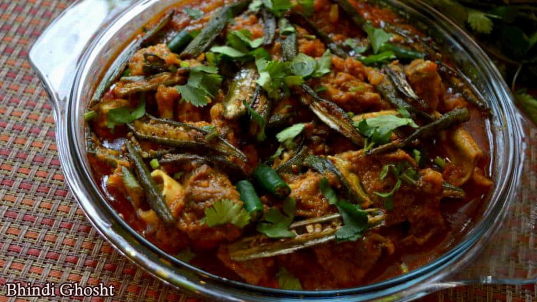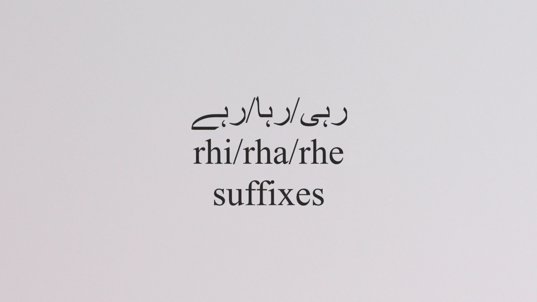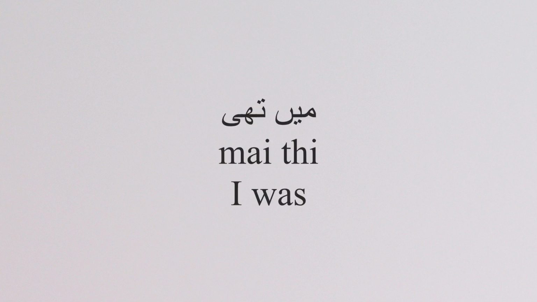So now we're going to go to the next tense, which is the past continuous tense. A past continuous tense is something that was happening at a specific point in time. So the suffixes are the same, rahi, raha, and rahe. And just like the past habitual tense, present auxiliary verb hu will be replaced by thi or tha.